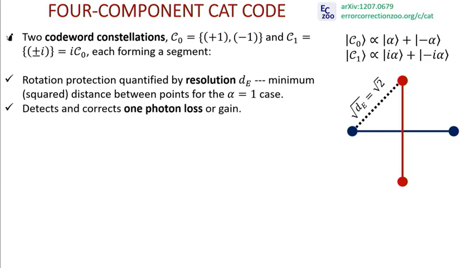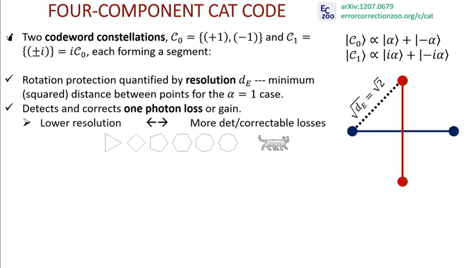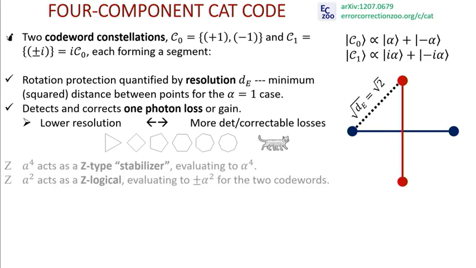Since you have more than one point in the constellation, you can protect against some loss and gain errors, which are potential functions on the sphere. And you can see maybe roughly that there's now going to be a trade-off. The more points you include, the closer they will be, the smaller the protection against rotations. But the more points there will be, the higher degree monomial you can protect against with respect to loss.